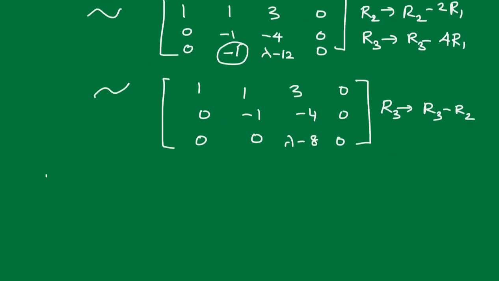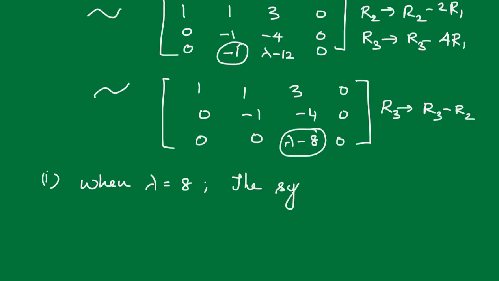When lambda is equal to 8, this element lambda minus 8 becomes 0, and therefore the system of equations has a non-trivial solution.